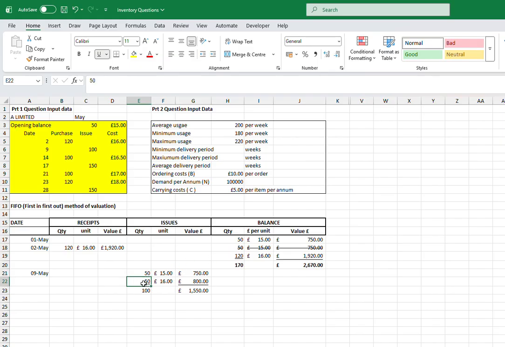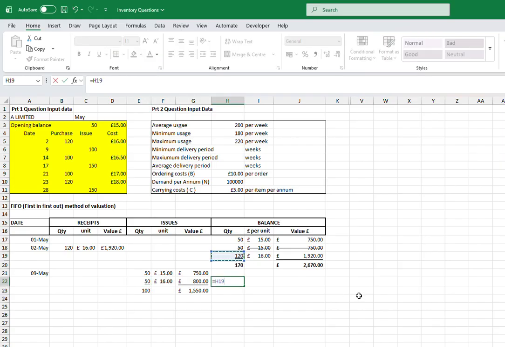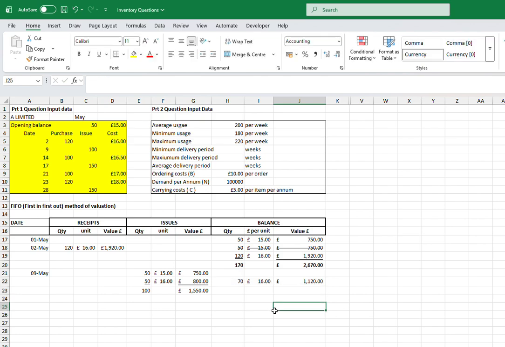You don't need to put a strike through, by the way, it just helps me remember what's gone. So really we had 120 and we took 50, so all we've got left is the 70 at £16. That's our balance at the end of the 9th of May.